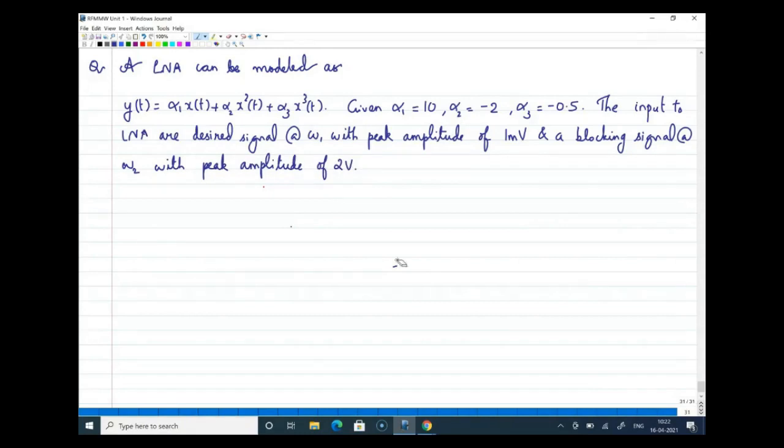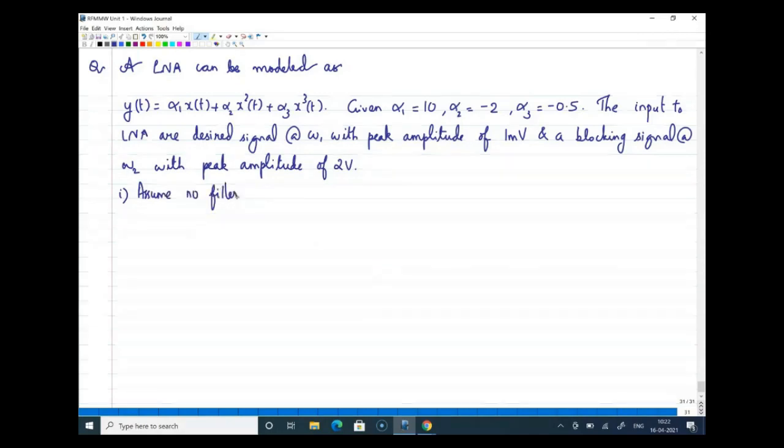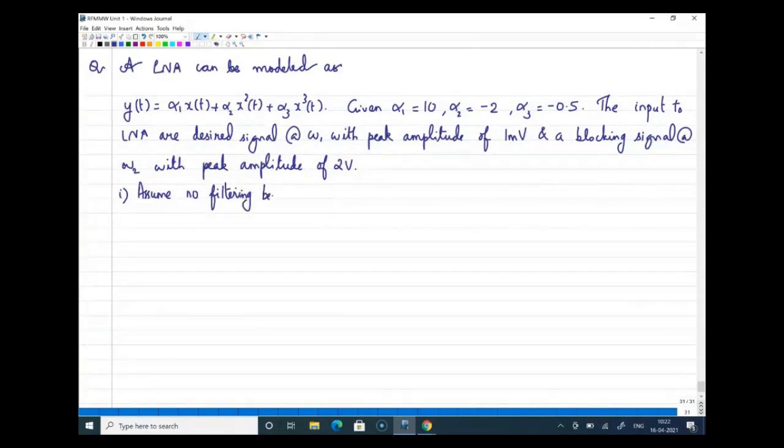Now there are two parts to this question. The first part says assume there is no filtering at the front end, no filtering before the LNA. If there is no filtering before the LNA, what is the gain of the desired signal?